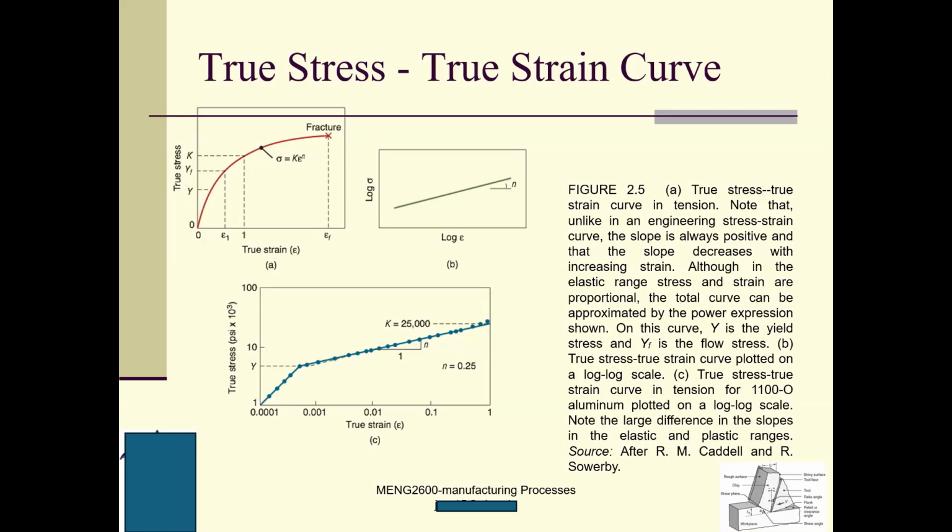I'm sorry, which one was the one that didn't decrease? This diagram, the true stress and true strain diagram. This curve keeps increasing and does not decrease. As long as the true strain increases, the true stress increases.